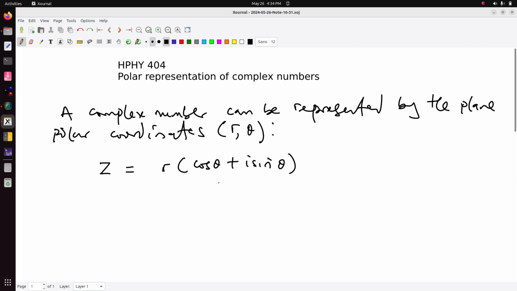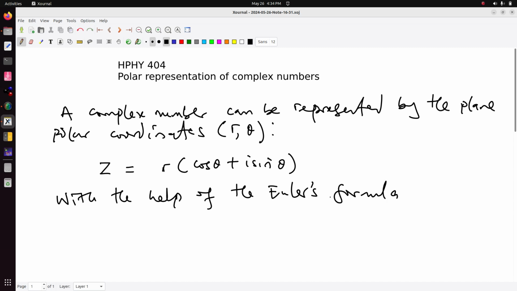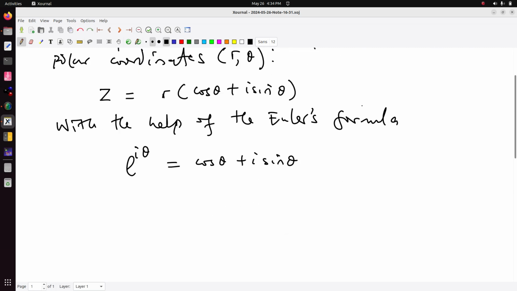If we use Euler's formula, which is exponential i theta, the angle, equals cos theta plus i sine theta, let me label this as equation 1, and let me label Euler's formula as equation 2.